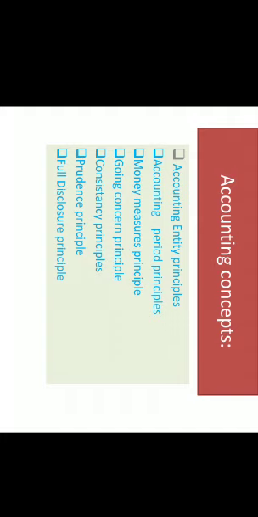Next, the full disclosure principle. According to this principle, the financial statement should act as a means of conveying and not concealing. That means the financial statement must disclose all the relevant and reliable information.